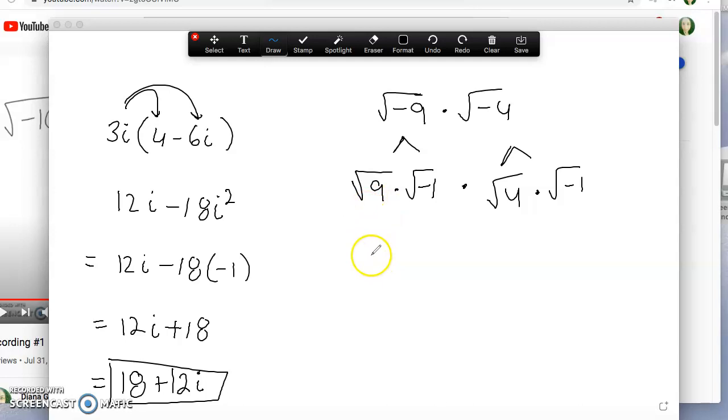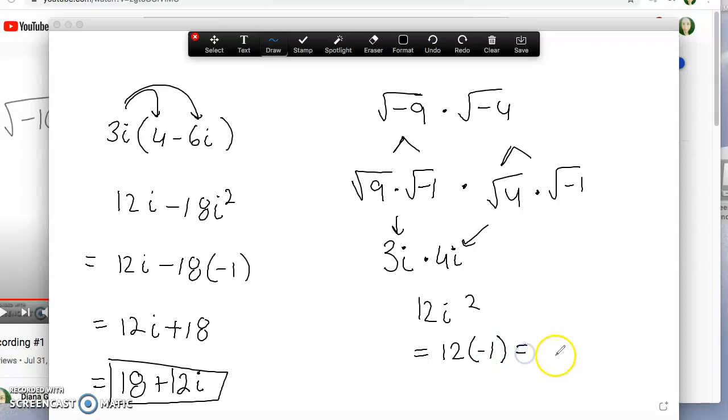So now square root of 9 is 3, square root of negative 1 is i. So this becomes 3i times the other one, which becomes 4i. So 3i times 4i is 12i squared.